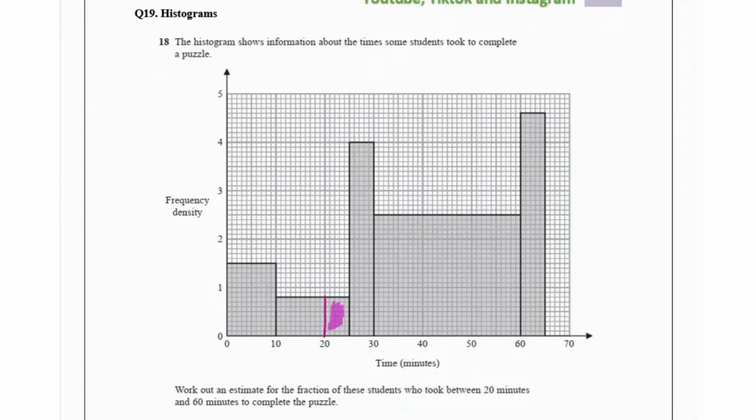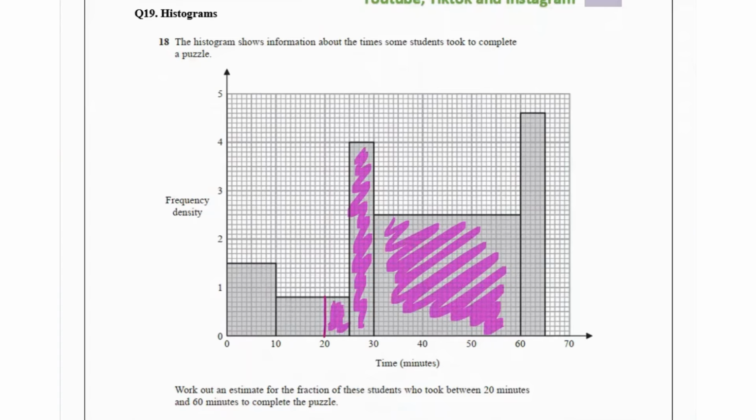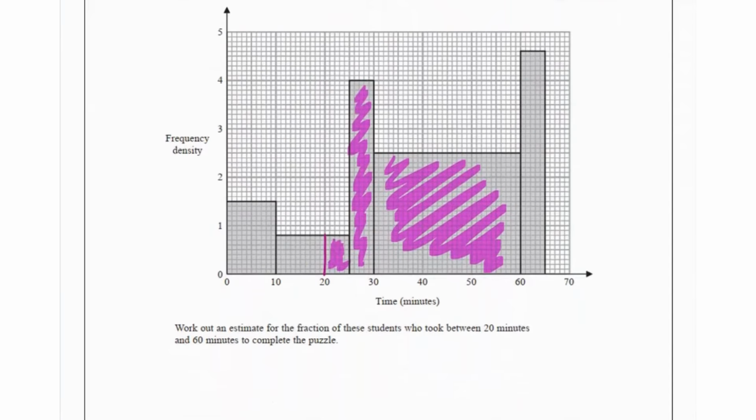So we need the frequency for all of these people. So they've given us the frequency density, which we can find out using the scale. And we know the class width, so finding the frequency and the fraction for that is not going to be that difficult.